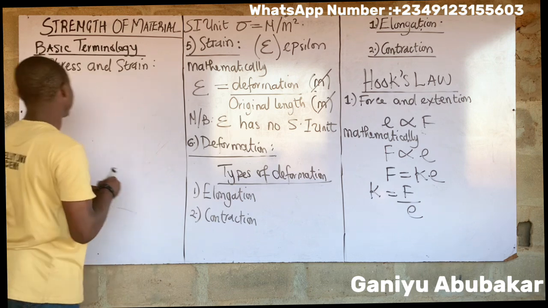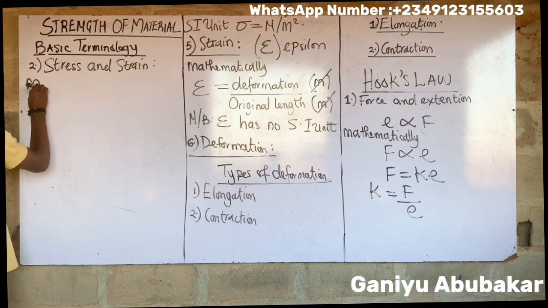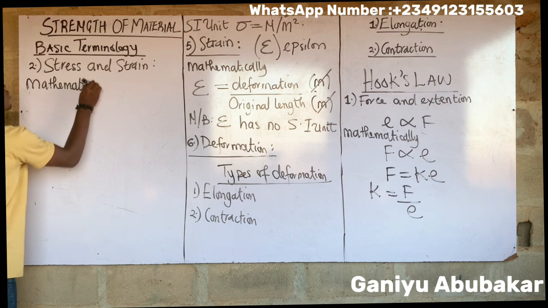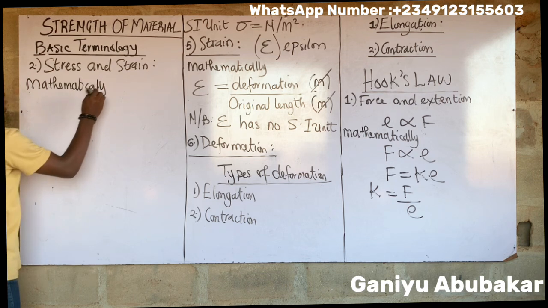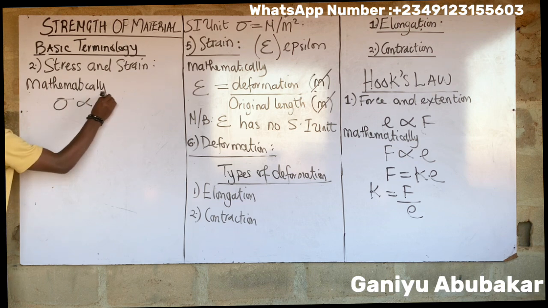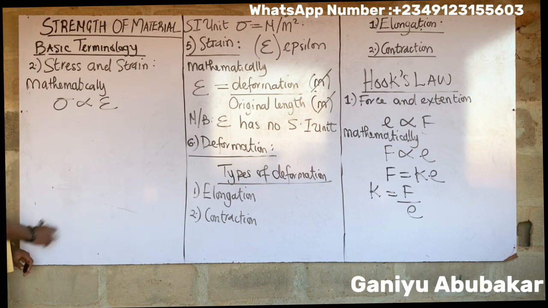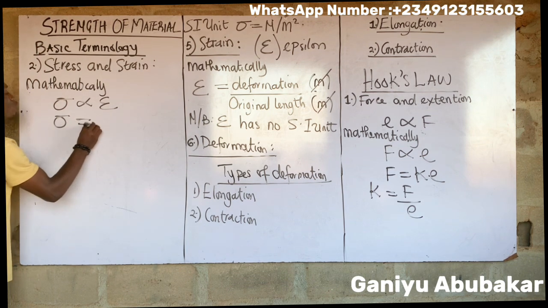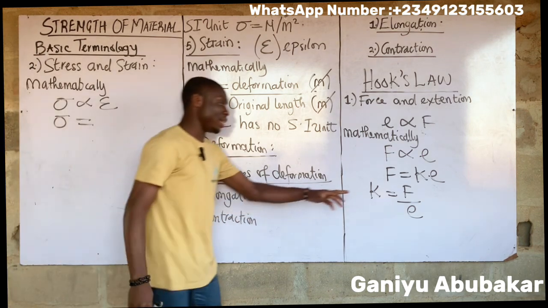So mathematically, stress is proportional to what? To strain. From here now, I'll introduce an equal to a constant. That becomes stress now is equal to, my constant here was k.